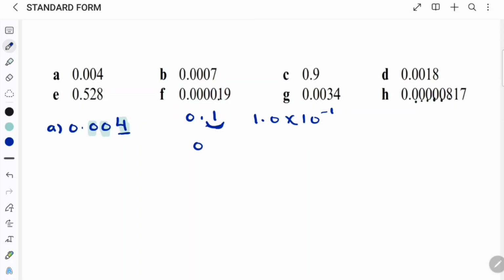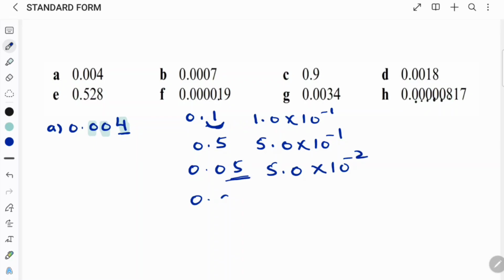If I change the number, for example 0.5, it is 5.0 times 10 to the power minus 1. 0.05, second place, 5.0 times 10 to the power minus 2. 0.005, 5.0 times 10 to the power minus 3, because it's the third place: 1, 2, 3.